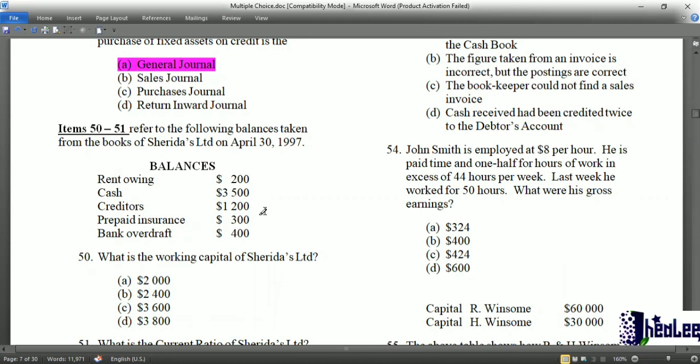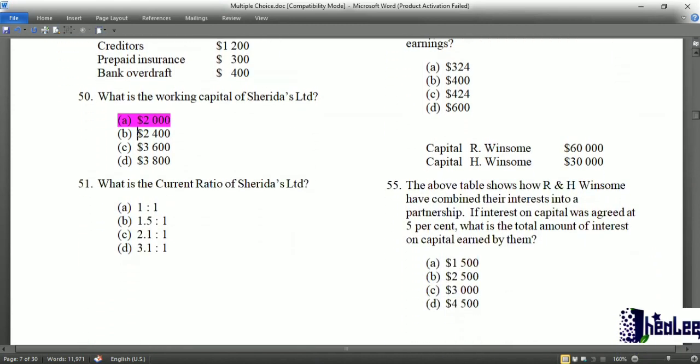And from that, you're going to minus your current liabilities, which are 200 plus the 1,200 and the 400, that would give you 1,800. So 3,800 minus 1,800 gives you a result of 2,000. So working capital there is 2,000.